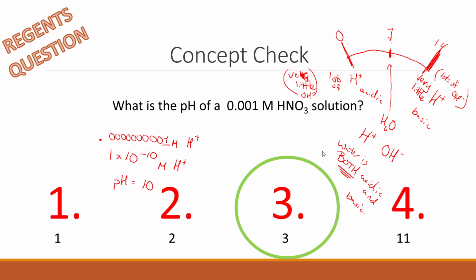It's equal parts acidic and basic, which is why it's right in the middle. If you get more acidic than water, you go towards the 0. If you get more basic than water, you go towards the 14. But water, exactly 50-50, acid and base, right? Exactly halfway between the two is going to be our neutral point.